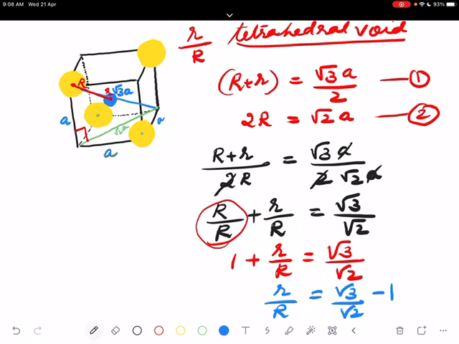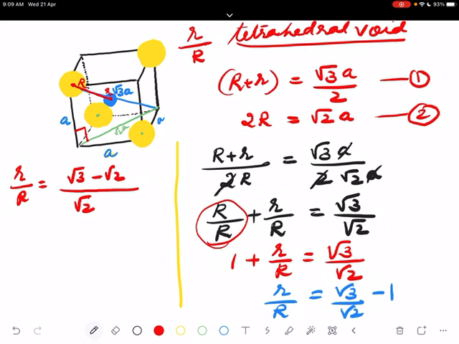You can solve the right hand side by taking the LCM. What is the LCM? r by R is equal to root 2 is the LCM, and root 3 on the numerator, root 3 minus root 2.